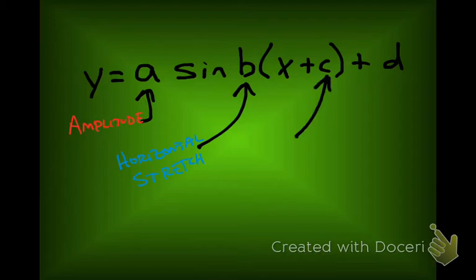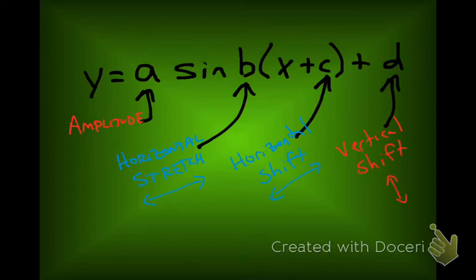C is going to be your horizontal shift. So that's going left to right. And again, this horizontal stretch is stretching out left to right. And D is your vertical shift. So this is moving it up or down.